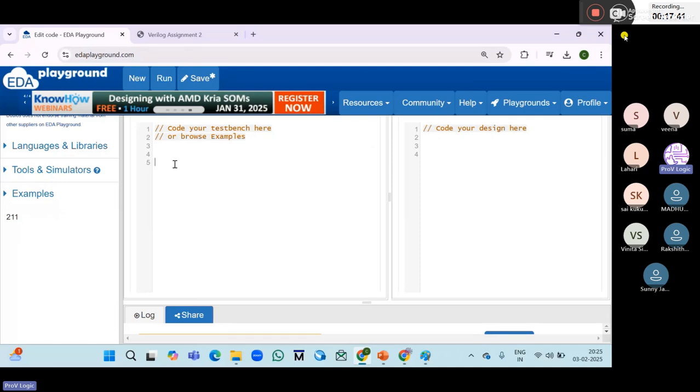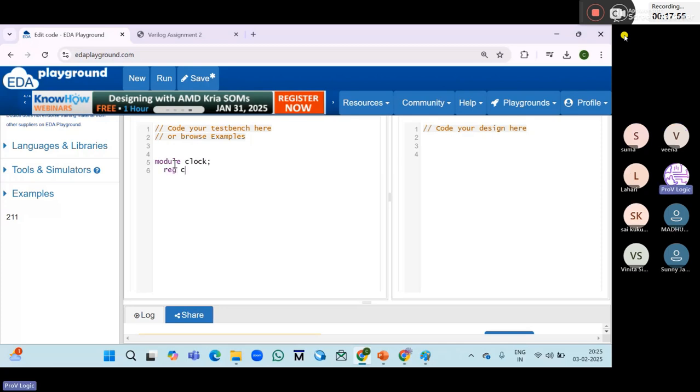Whenever we write a program for a sequential logic circuit, the clock is very important. So how to write the clock? Module, name of the module, and I am declaring the clock as CLK.